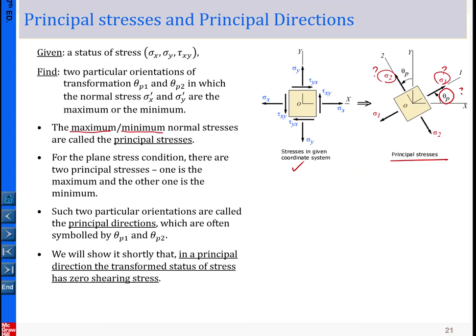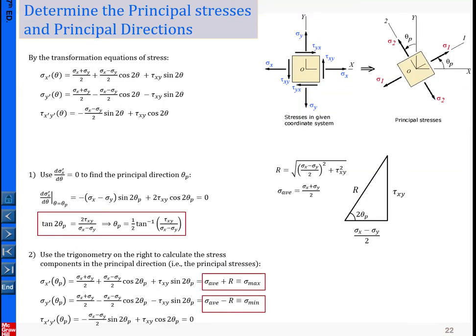So that is another definition of the principal directions and principal stresses. There is zero shear stress in the principal direction, and here we're using theta p. Later we will describe that there are two special values of the principal directions, not only one. So that's the problem description.